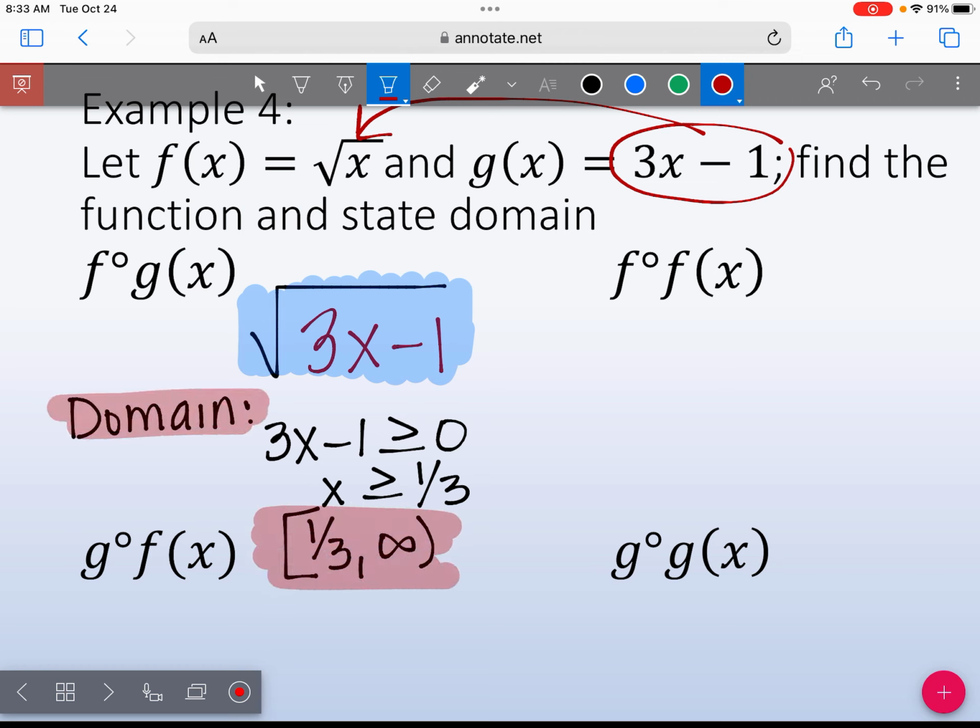And that would be your domain. So your domain would be bracket 1/3 to infinity, because it has to be greater than or equal to 1/3.